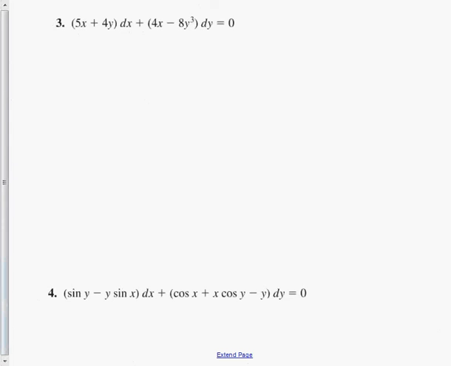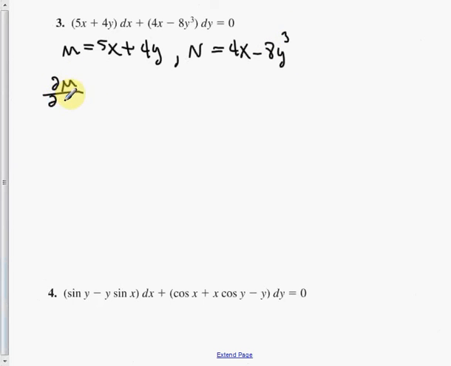So here, m is equal to 5x plus 4y, and n is equal to 4x minus 8y to the third. I take the partial of m with respect to y. That's equal to 4. If I'm taking the derivative with respect to y, anything else is treated as a constant or a coefficient.